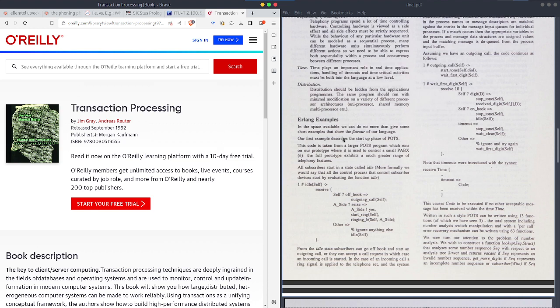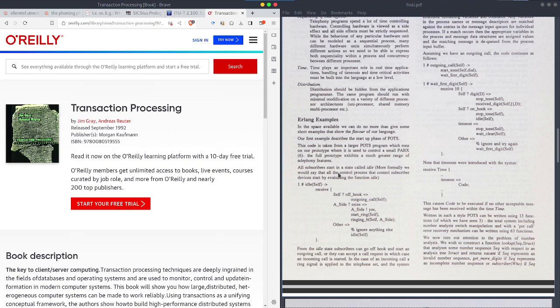The full prototype exhibits a much greater range of telephony features. So PIBX, this is telecom devices, to deal with the different calls from one user to another user.